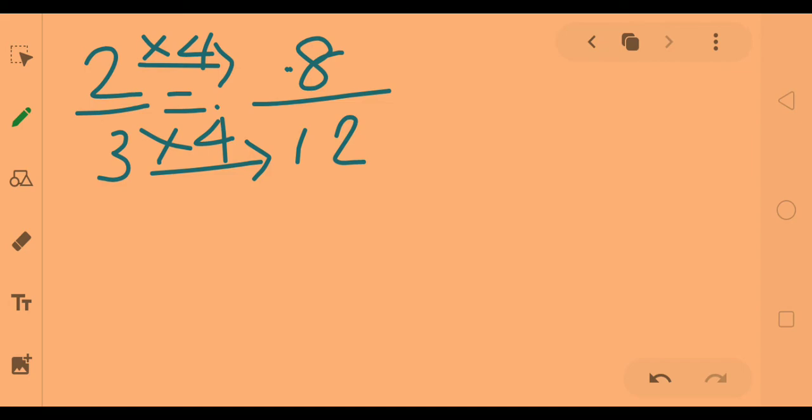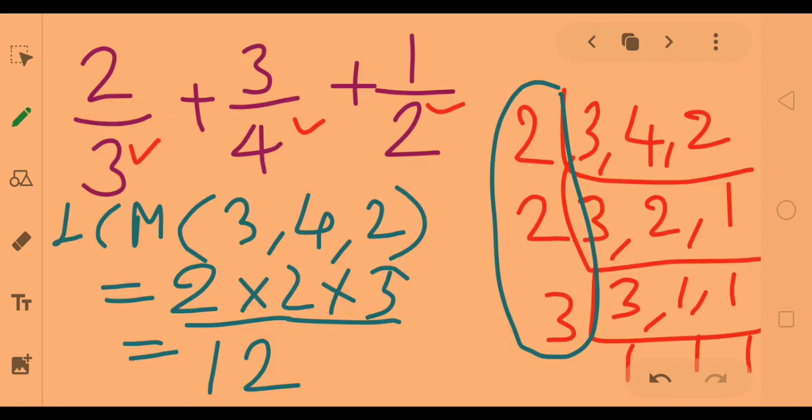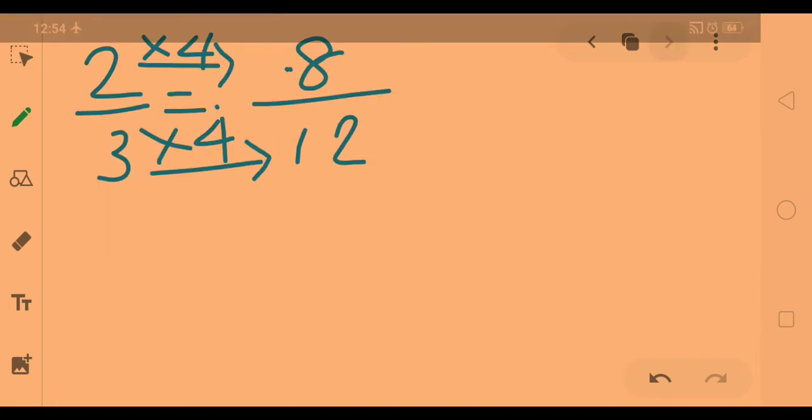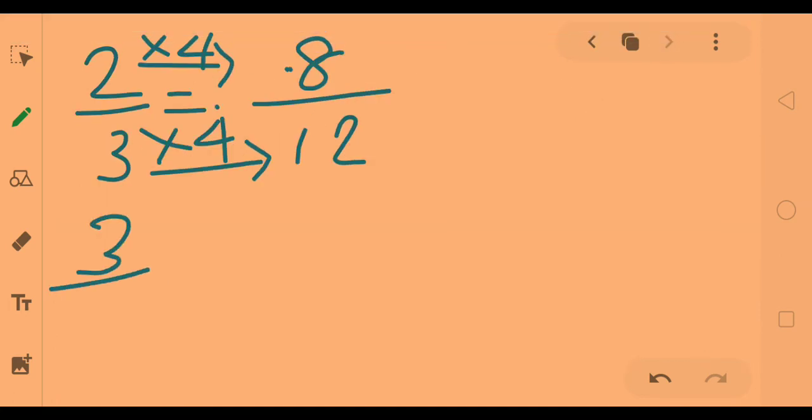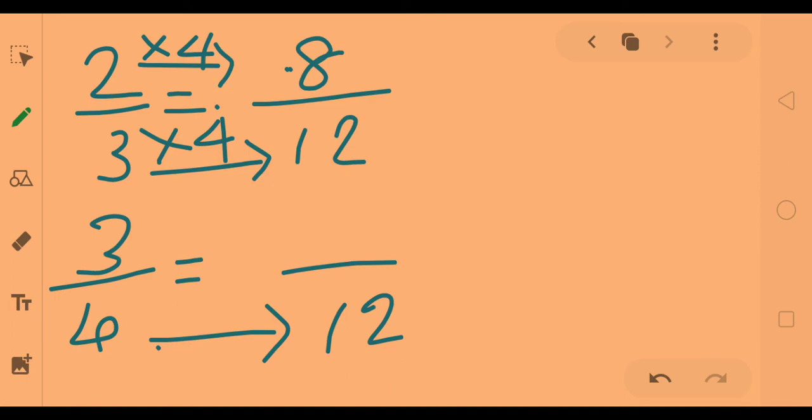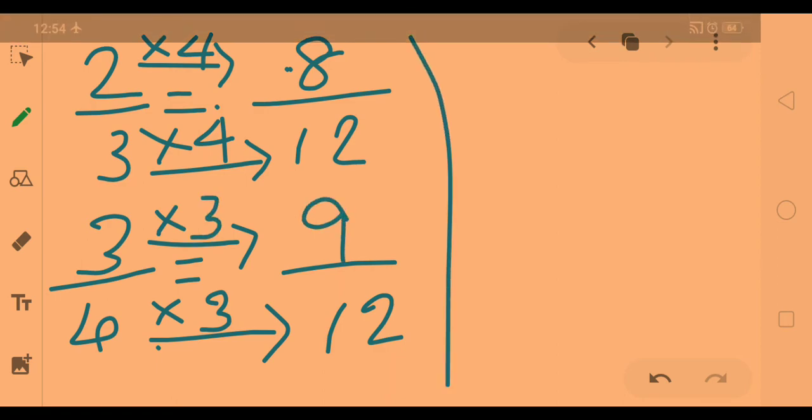Now the second fraction is 3 by 4. We need to get the denominator 12. 4 becomes 12 by multiplying by 3, so the numerator is also multiplied by 3. 3 3s are 9. So we have 9 upon 12.